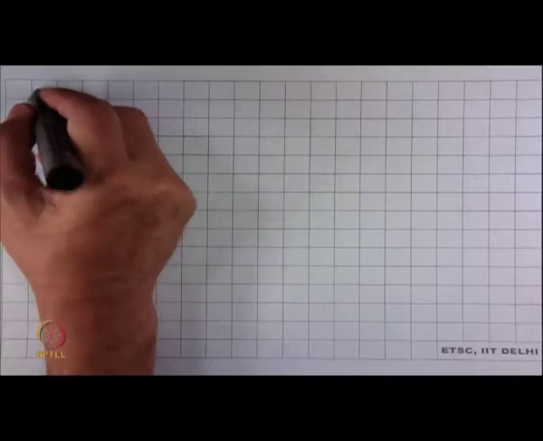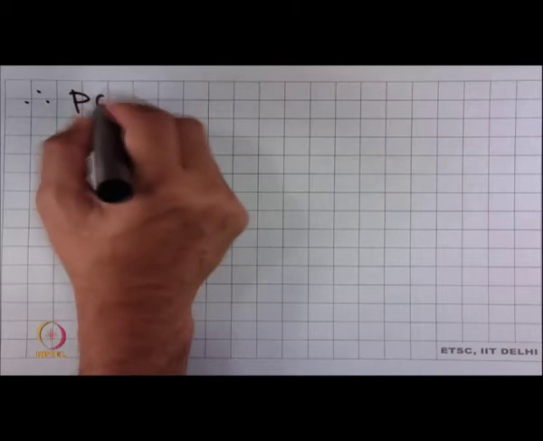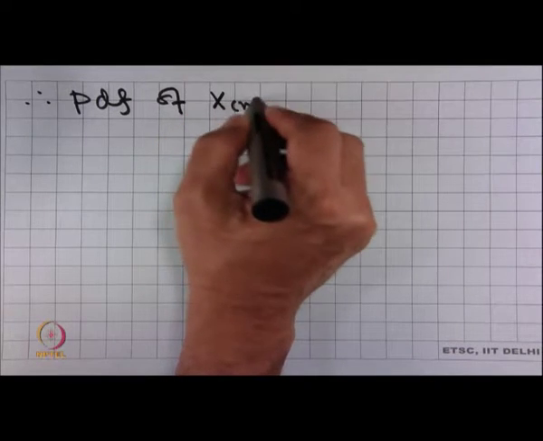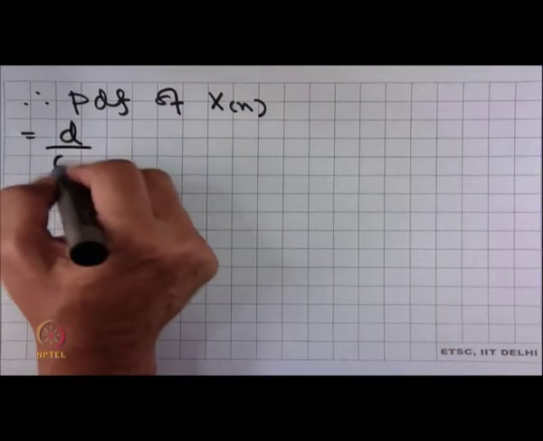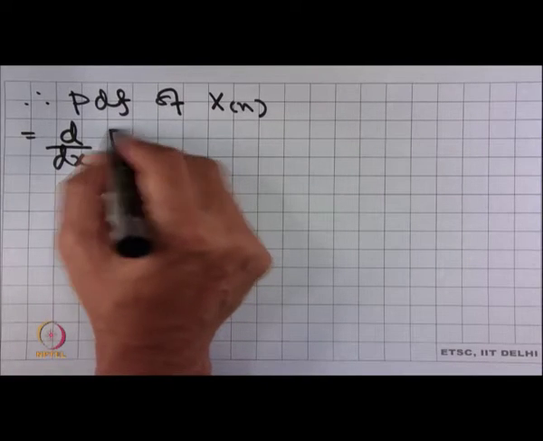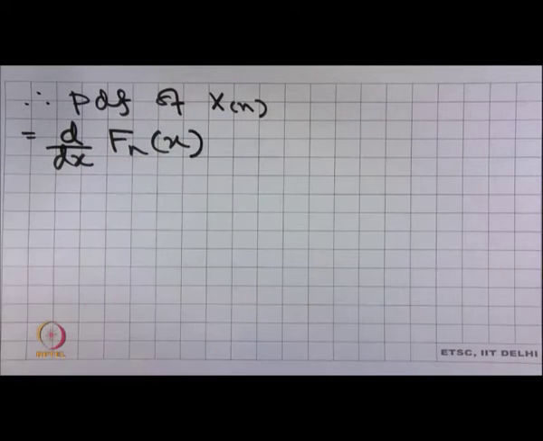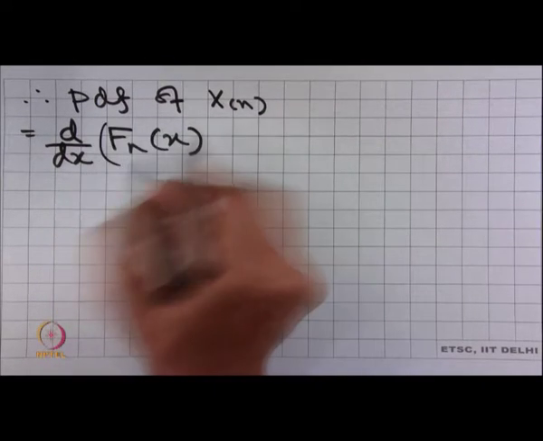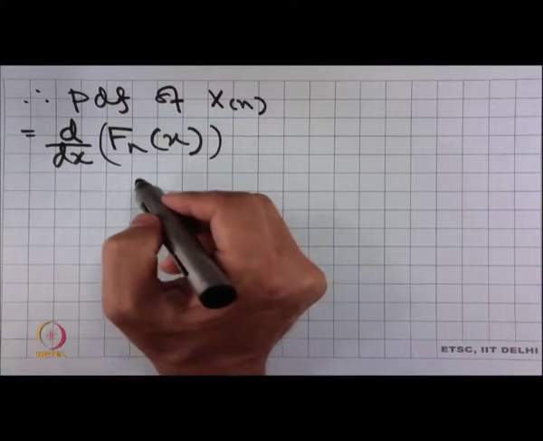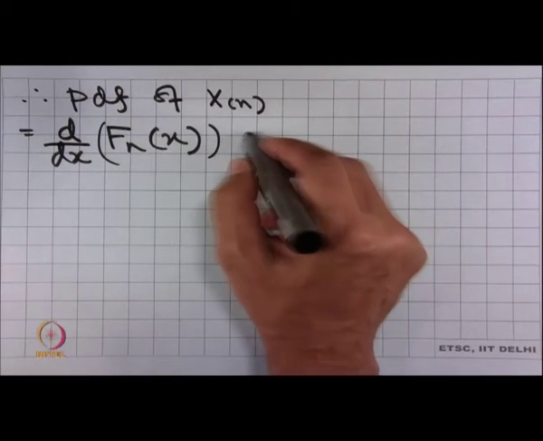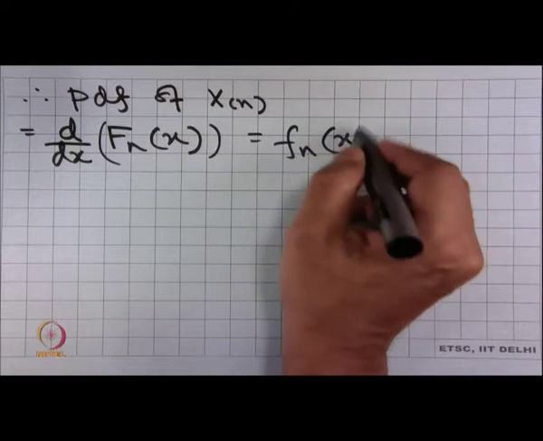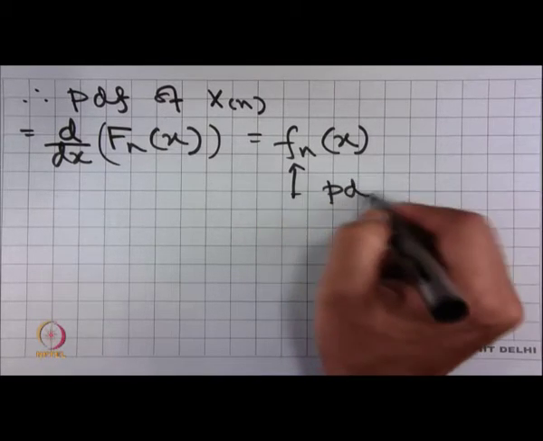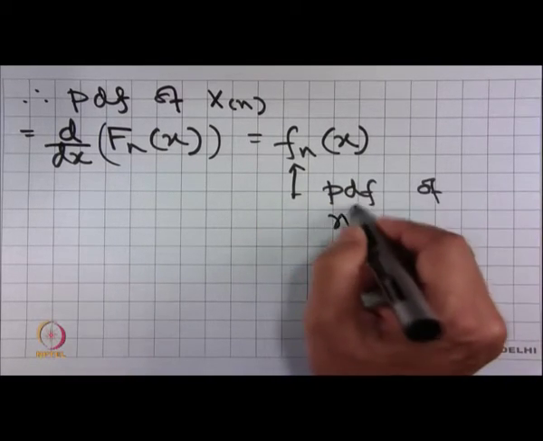Therefore, if we differentiate the cumulative distribution with respect to x, we will get the PDF, which we denote as f n x, the PDF of the nth order statistic.